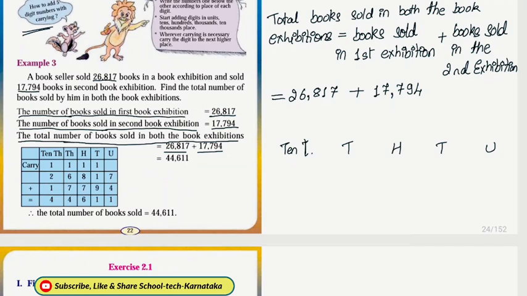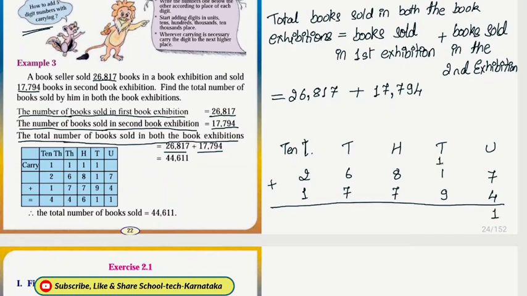So at units place we have 7, 1, 8, 6 and 2, and here we have 4, 9, 7, 7 and 1. So let's start to add from the units place. At units place we have 7 and 4. We have 11. I write 1 here and carry 1 to tens place.